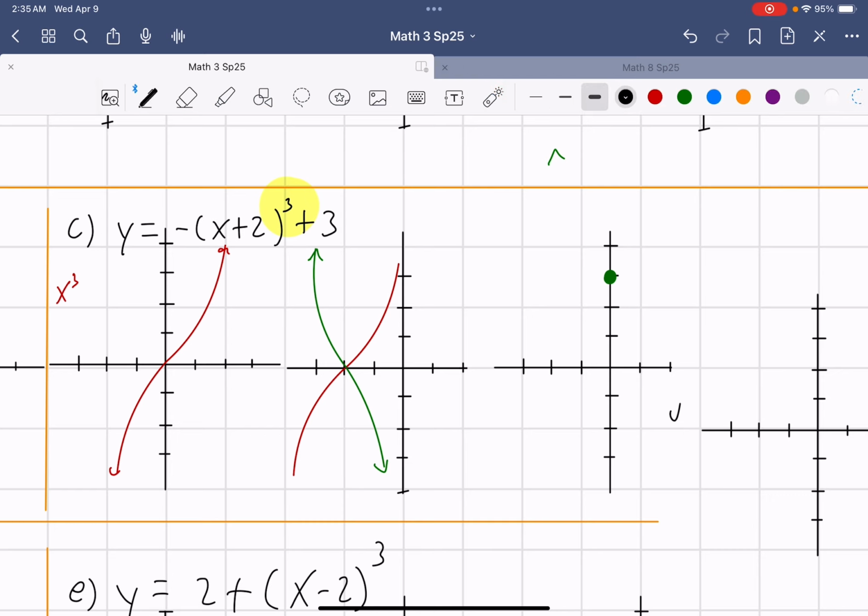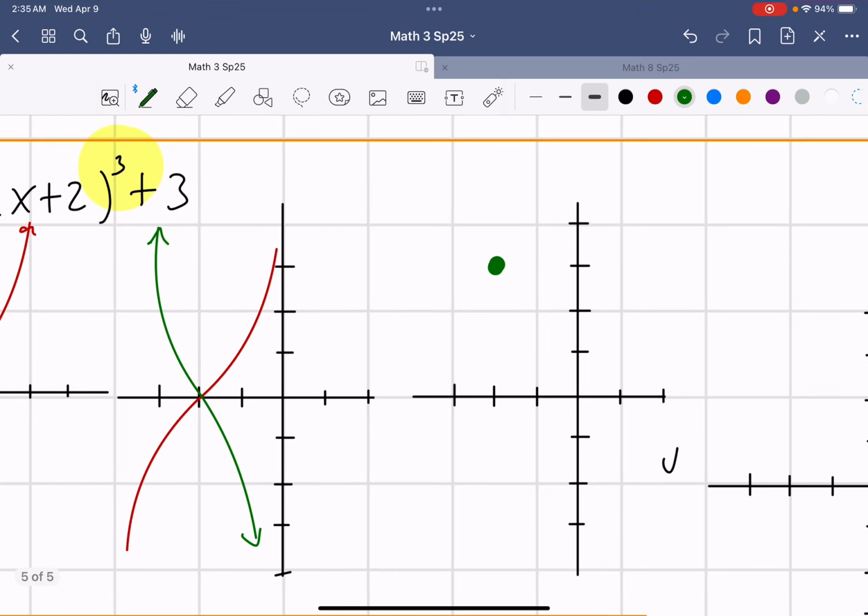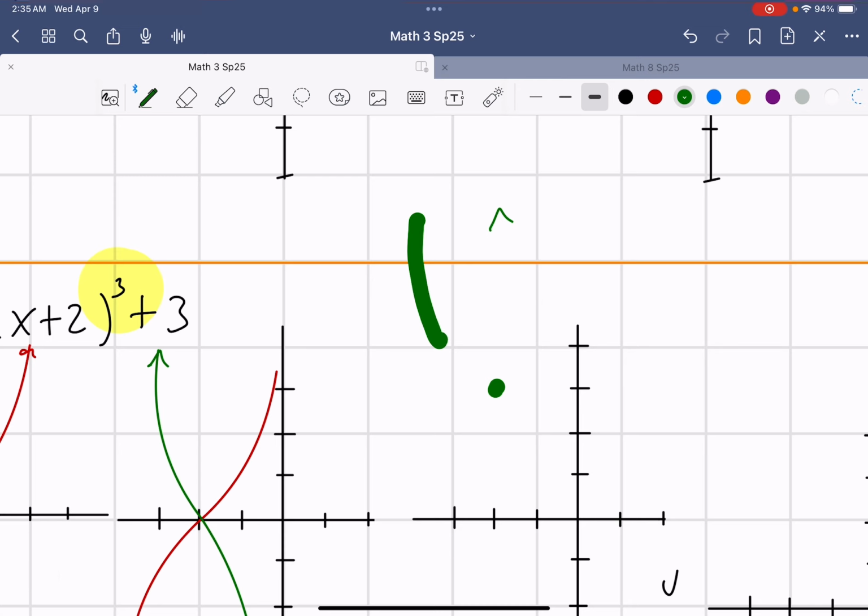The 3 it goes up by should be here, not this point here. We know that this is going to be an x cubed. It moved to the right by 2. It got reflected. Now I need to move up. And it's just as quick as writing the graph.